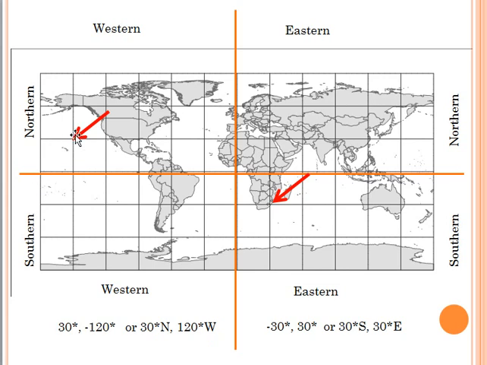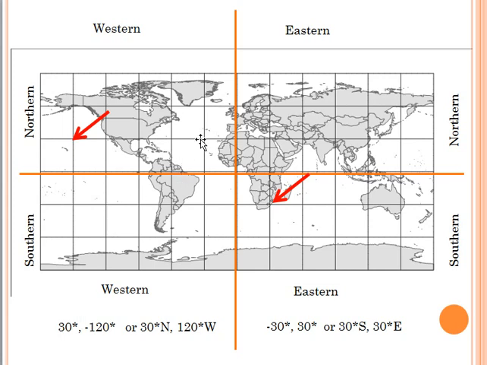If I look at this arrow, it's in the northern hemisphere for latitude, so that's a positive number, and it's in the western hemisphere for longitude, so that's a negative number. Again, 30 degrees is my latitude, so here's the 30 degree mark. There's no sign because it's positive.